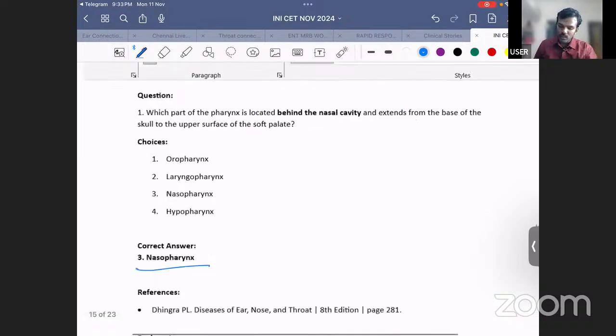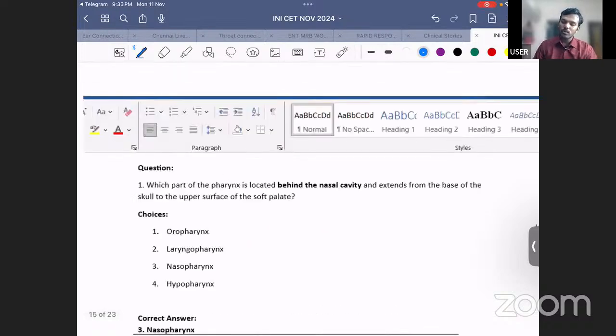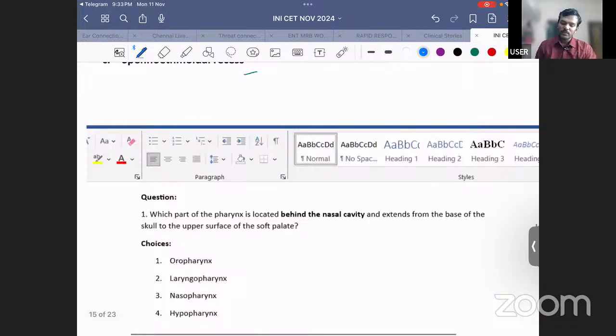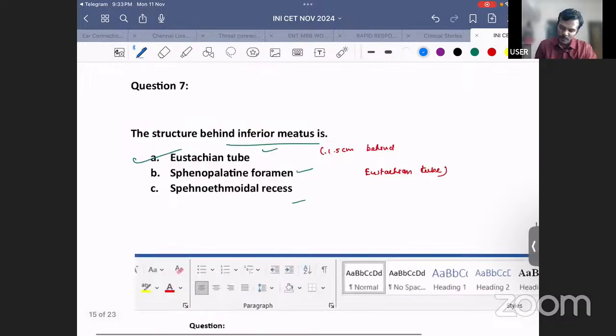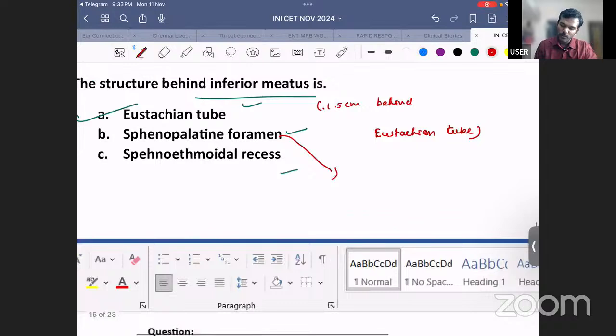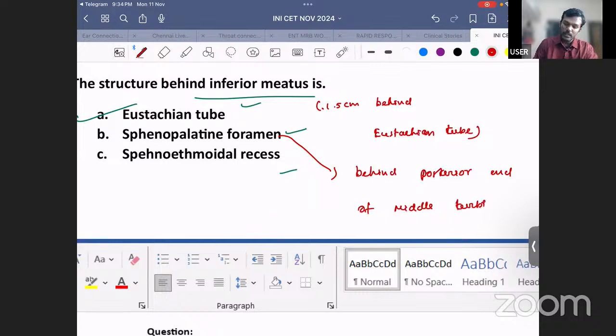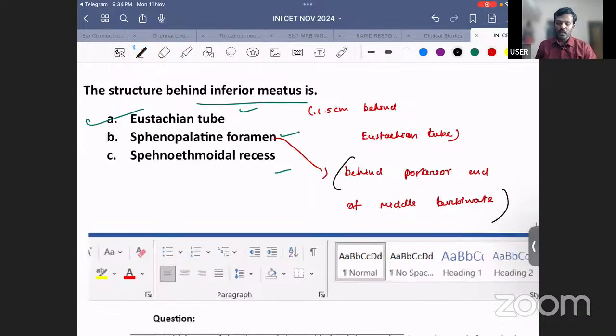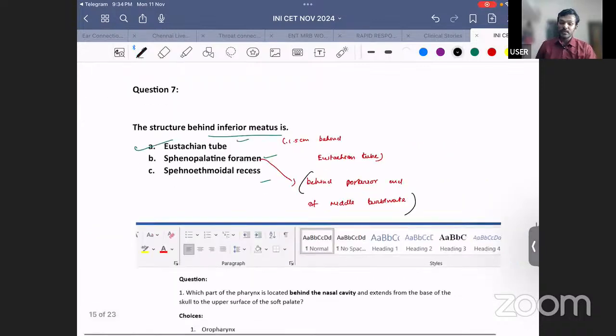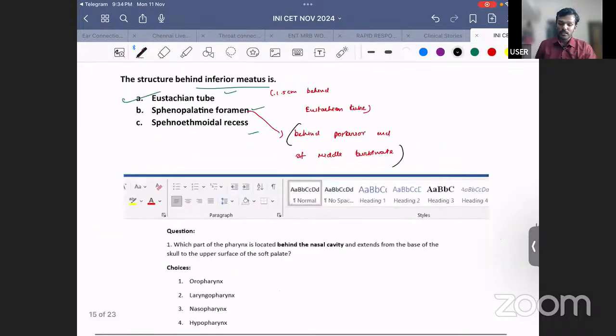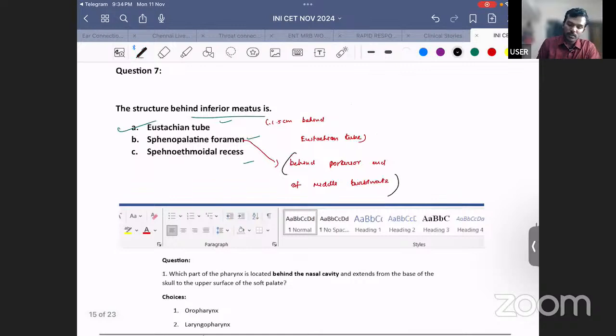The sphenopalatine foramen is behind the posterior end of the middle turbinate. So that's about the structure behind the inferior meatus.